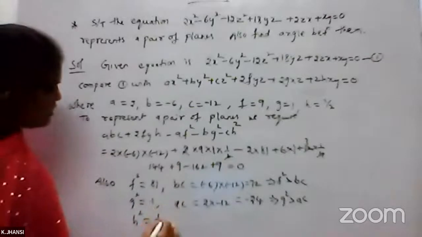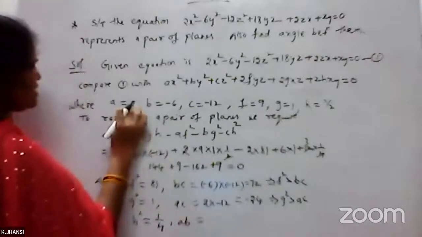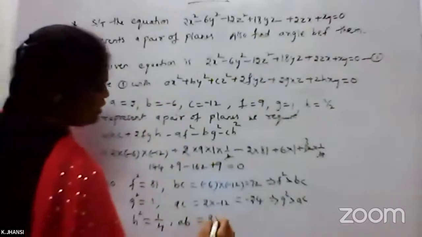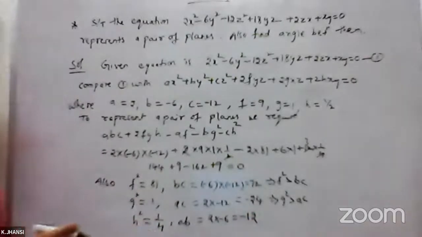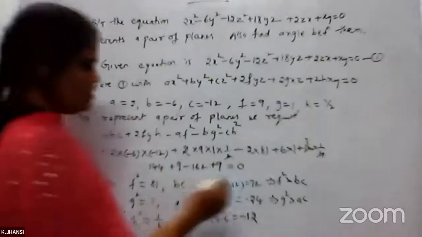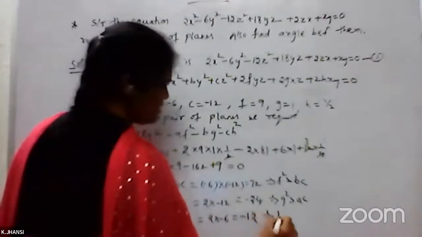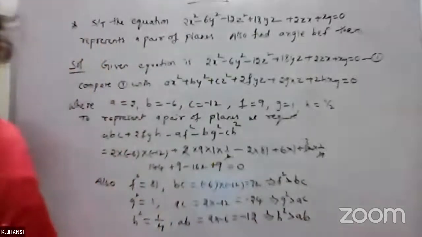H square is 1 by 4. And AB, what is AB? 2 into minus 6, it is minus 12. So 1 by 4 means you will get 0.25. But here the AB value is negative. Therefore H square is greater than AB. So even these three conditions are satisfied.